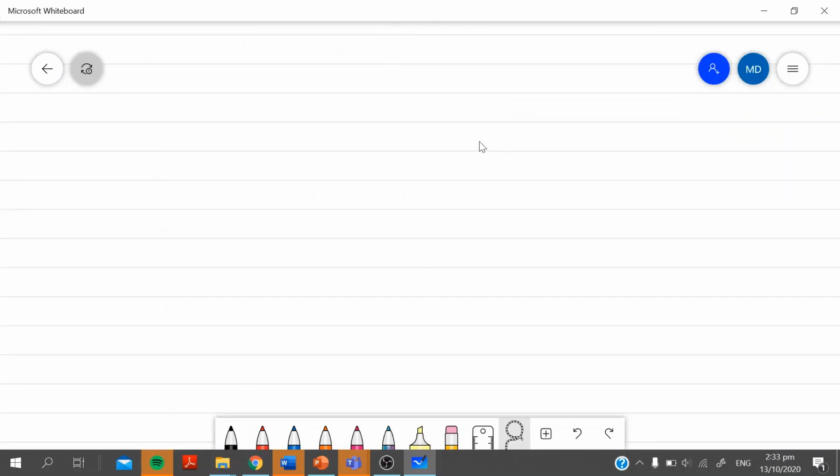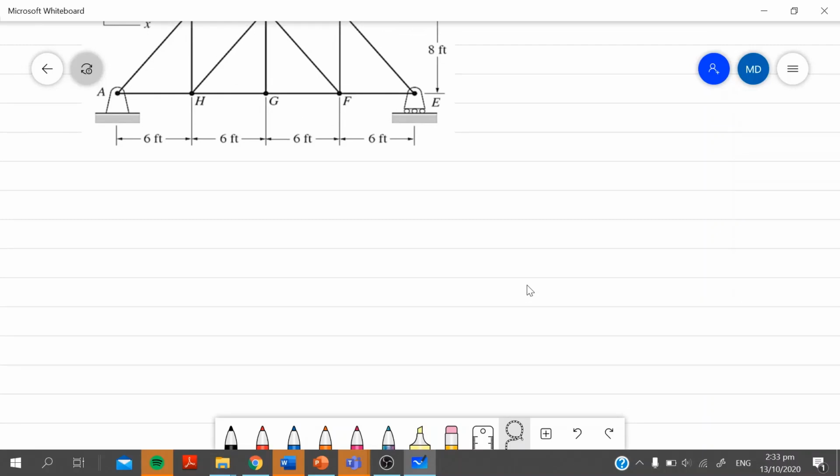So say for example, we have this joint here. So if ang force is away from that joint, so the force here is tension. Okay? But if the force is towards that joint, going to the joint, that would be compression. Okay?